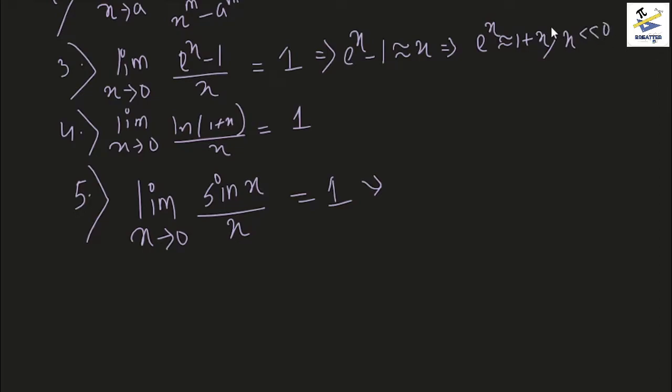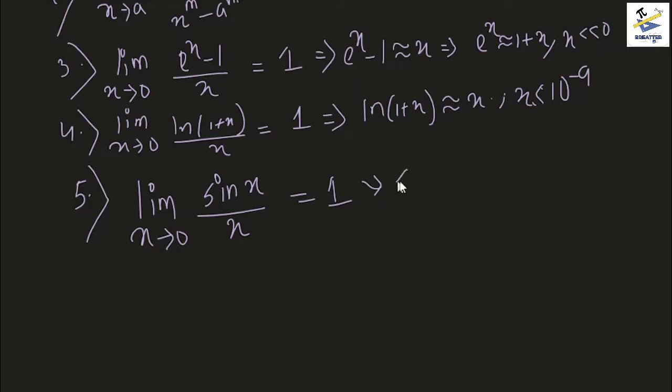Similarly for this one, we can also say that log of 1 plus x can be directly approximated by x when x is very small. By very small, I mean that x is less than or equal to 10 to the power minus 9 or something like that.